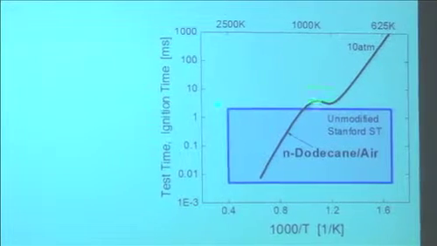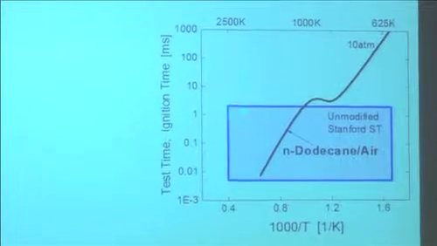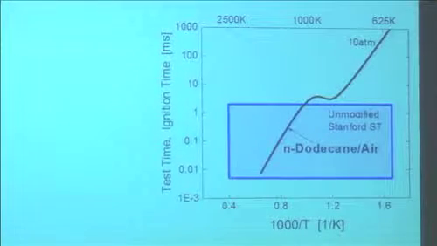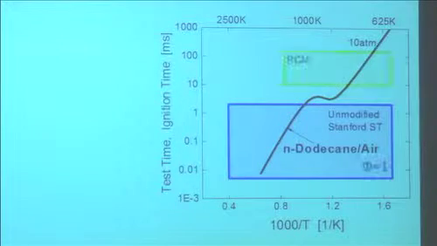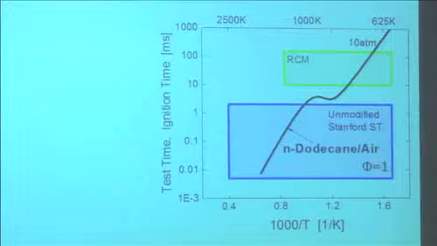We can get up to a couple of milliseconds and down to 10 microseconds if we want. We can get up to about a couple of milliseconds at any temperature without any trouble. The rapid compression machine people are up here. They have a more limited temperature range, and they kind of work between maybe 10 milliseconds to 100, maybe a little more depending on their rig.